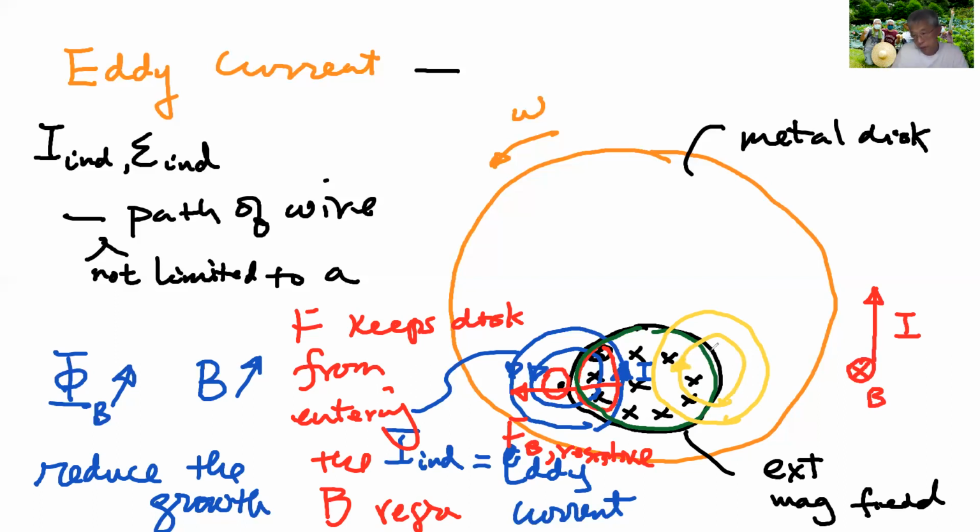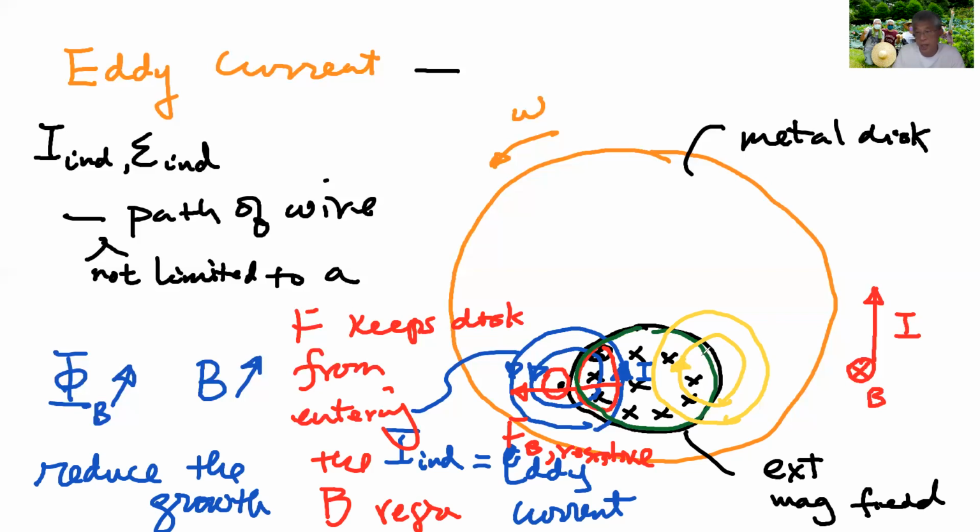Why? Because look at this current: because I'm leaving, I'm losing the flux. As the disc is turning and this part is trying to leave, it will lose the flux.